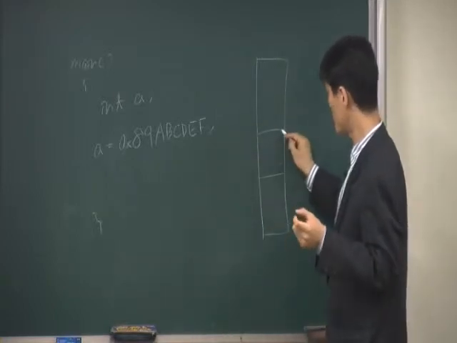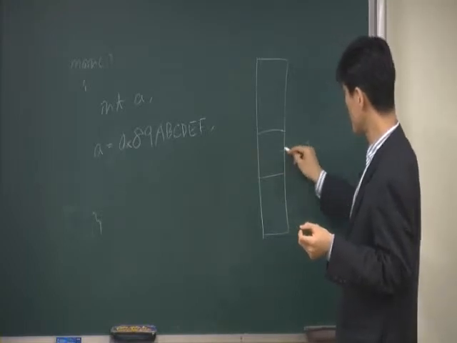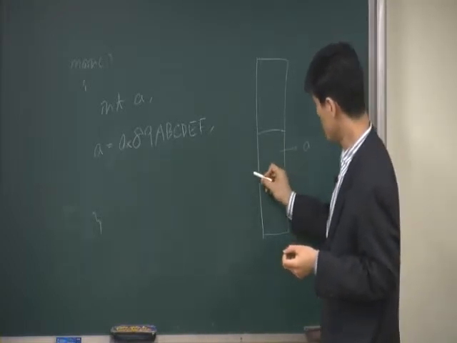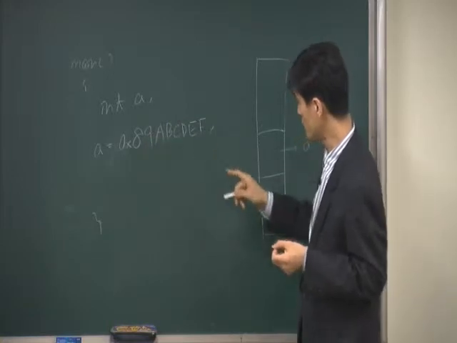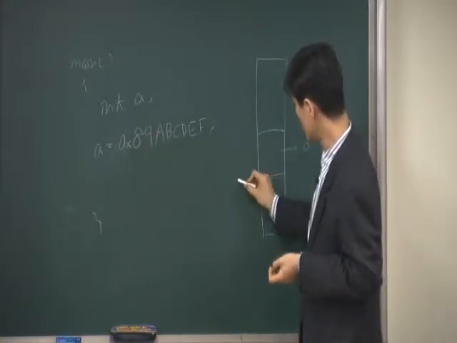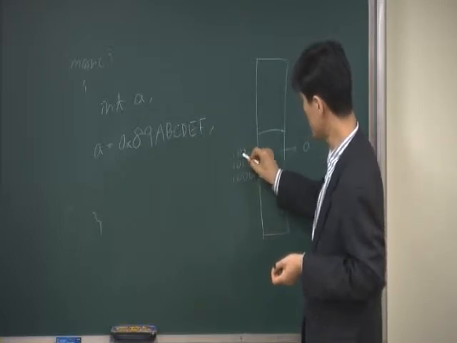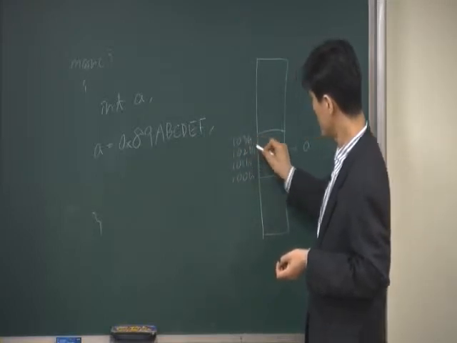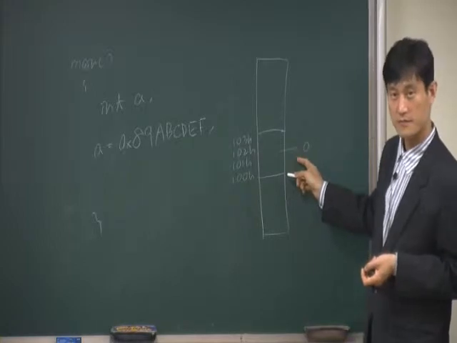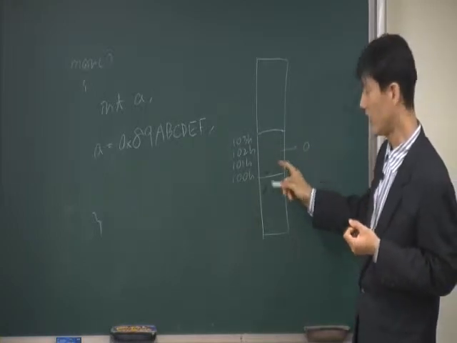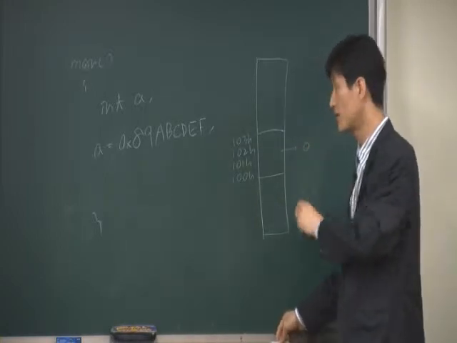So this one is A, and since this is 32-bit, 4 bytes, let's say you have 100H, 101, 102, 103. That's A. This is an example. A is allocated into here.